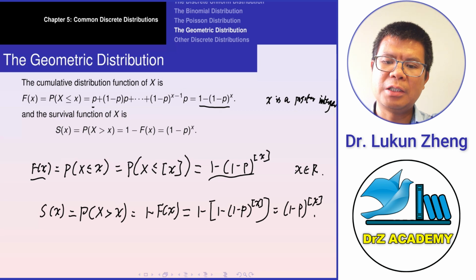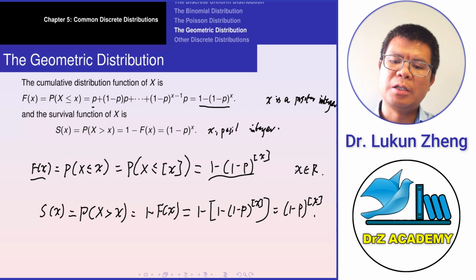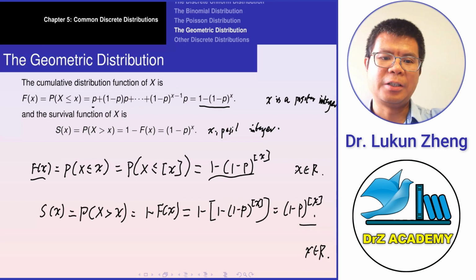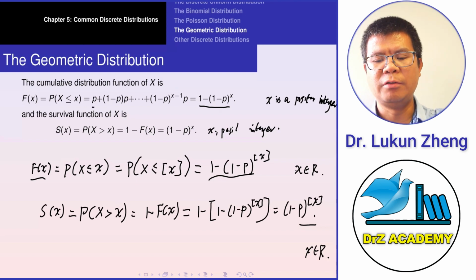Again, this is for x being a positive integer. Here, this is for all x in R, so this is better. So this is the cumulative distribution function and the survival function for the geometric distribution.